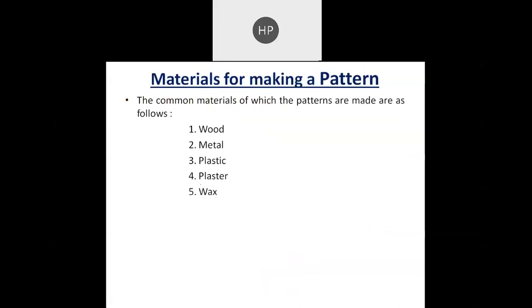So what are the common materials that we can use as a pattern? First, wood, metal, plastic, plaster, wax. These are the very common materials which can be used as a pattern. One by one we are going to discuss all of them, why they are important, and what the advantages and limitations of these pattern materials are.